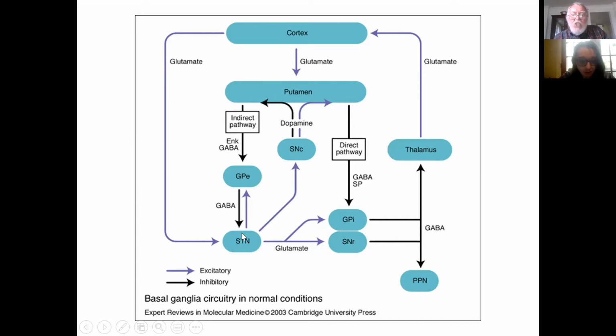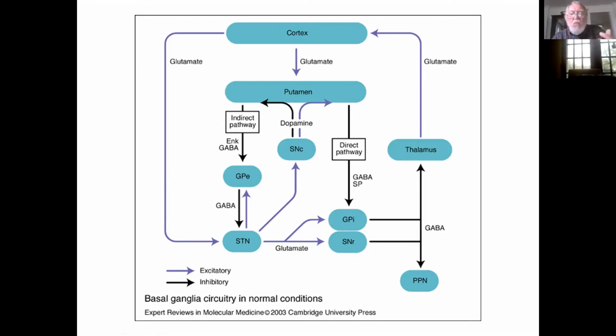GABAergic inhibition of the subthalamic nucleus that then allows behavioral output, or of the Globus Pallidus zona interna with GABAergic input on various parts of the thalamus and the pedunculopontine nuclei that then activate the reticular formation.